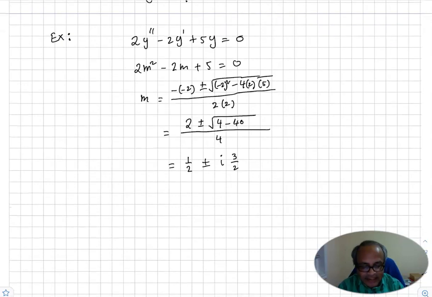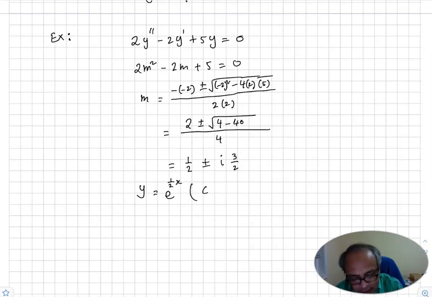Now it has a real part which is half and an imaginary part which is 3 over 2. So the general solution will be written as e to the power of the real part of m, which is half x, times c1 cos 3 over 2 x plus c2 sine 3 over 2 x.